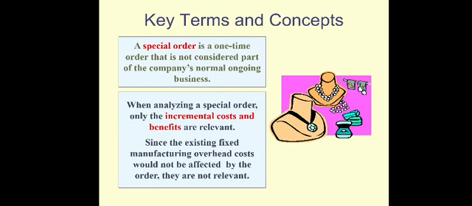So a special order is like this. Let's say you have a shop that sells cupcakes. Every day you sell your cupcakes at $5 per unit. Let's say one day somebody comes and says he wants to order 200 cupcakes at the price of $4 only. He asks you to put a special ingredient in that cupcake. So that is an example of a special order.